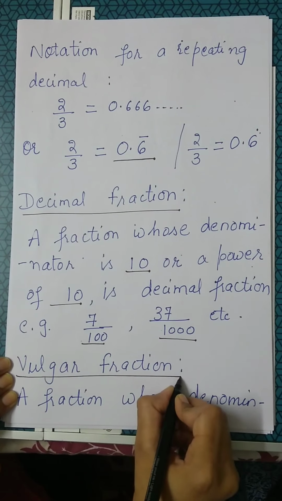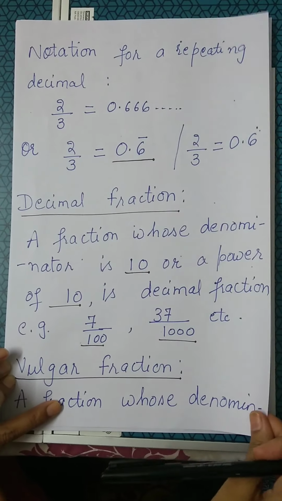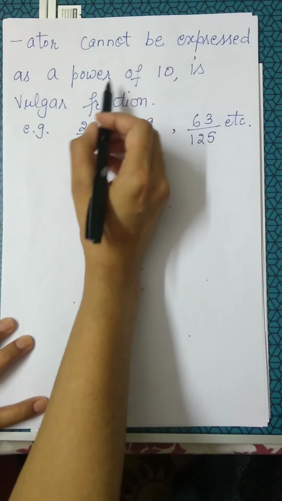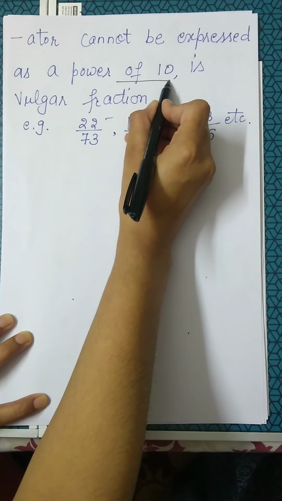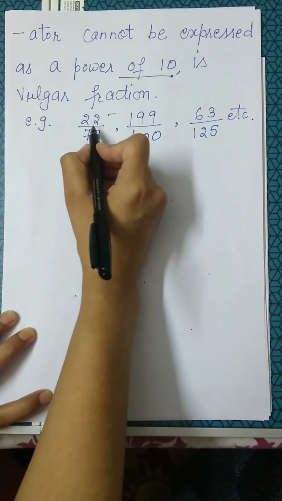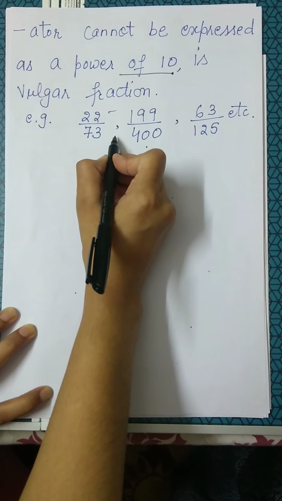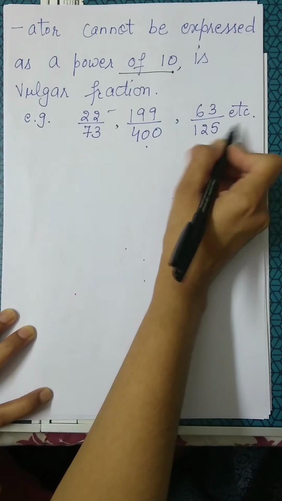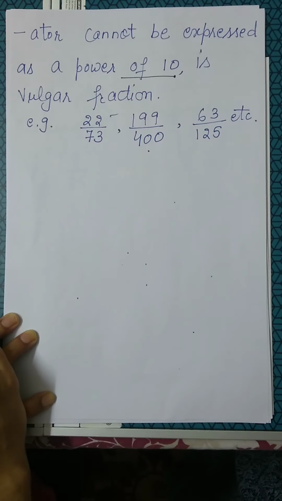Now we'll move to vulgar fractions. A fraction whose denominator cannot be expressed as a power of 10. This is the other way of stating the earlier definition. Like 22 upon 73, 199 upon 400, 63 upon 125 and so on.